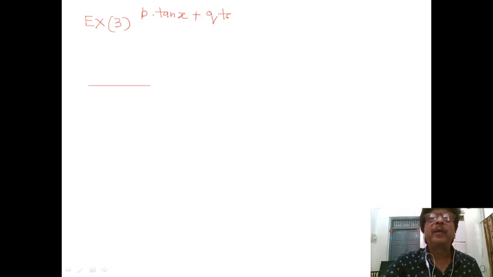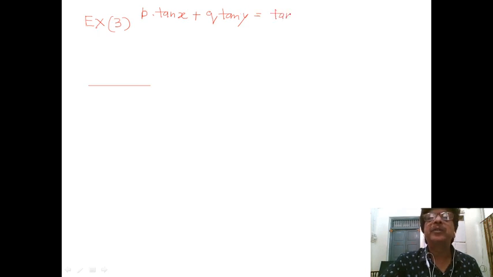Okay. Third example. Each time I have to select this option. I am working in this pen tab. The third example is p times tan x plus q times tan y equal to tan z.